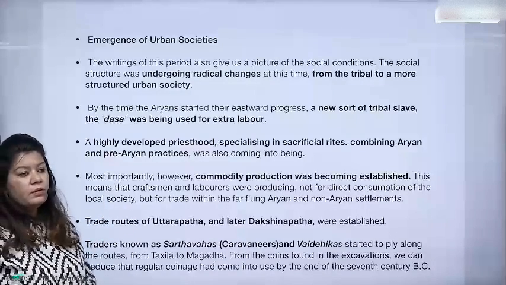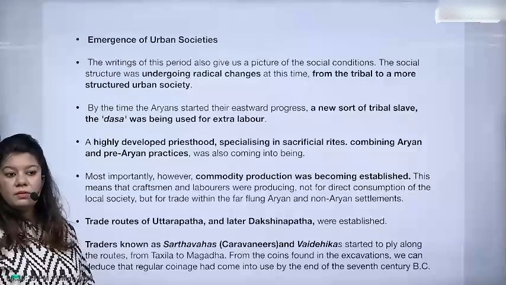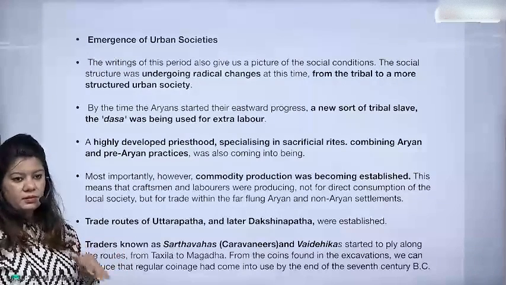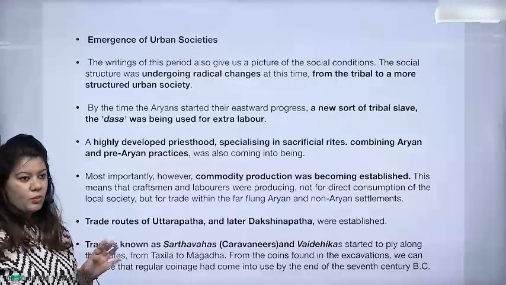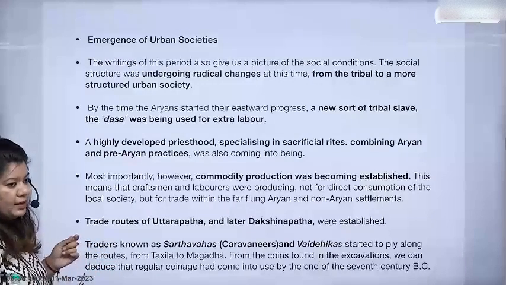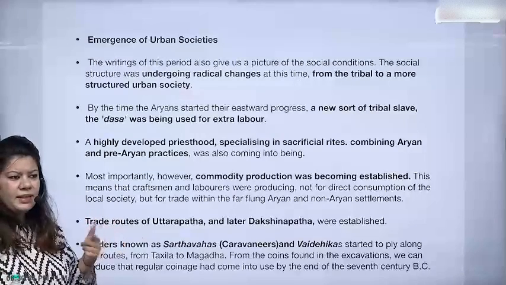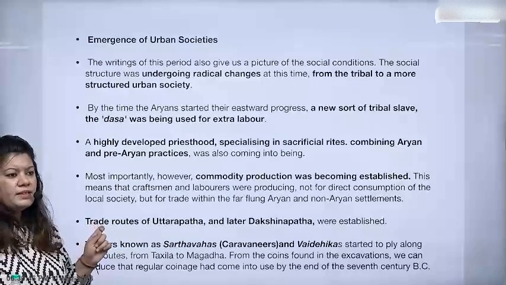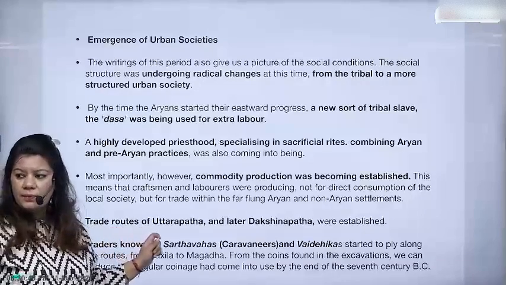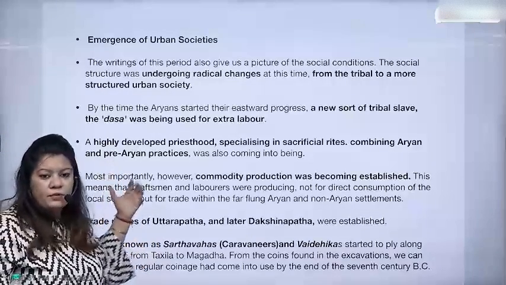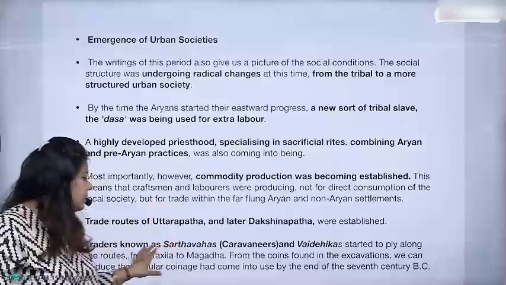Production for trade, not for own consumption. That is what you call commodity production. Trade routes were being developed. You must have read in NCERT about Uttarapath and Dakshinapath. So that was happening because of commodity production and the rise of urban societies.